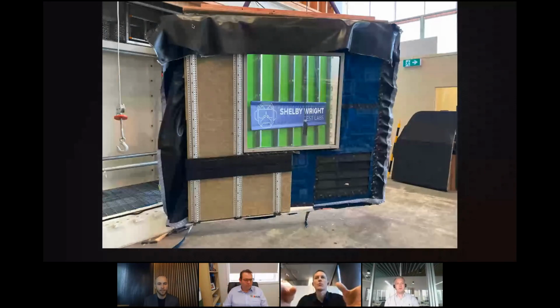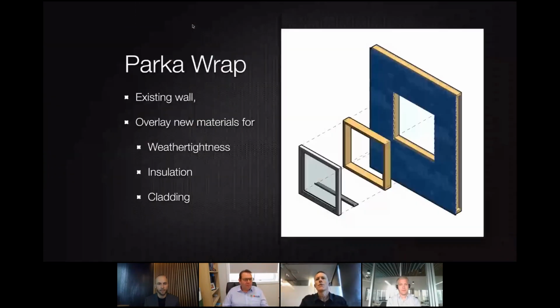Shelby Wright Test Labs is actually our little company that we've got alongside Oculus, so if there's any confusion there. What you're looking at there is the existing 1940s mock-up wall, but with that window replaced, and I've got that on a back dam. If I just jump forward, I've got one image of that, which I hope is somewhat clear.